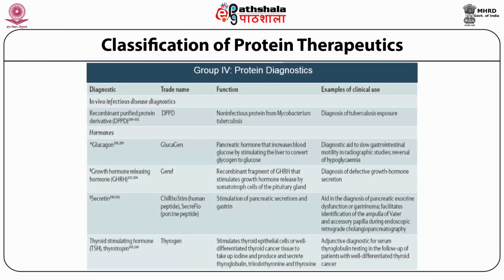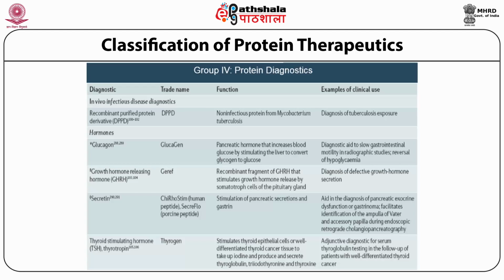This table summarizes the group 4 protein pharmaceuticals that are basically the diagnostic agents. So several diagnostic agents can be utilized. For example, in vivo infectious disease diagnosis like recombinant purified protein derivatives. This has been utilized for the early diagnosis of tuberculosis exposure. Various hormones like glucagon, growth hormone releasing hormone, secretin can be utilized.